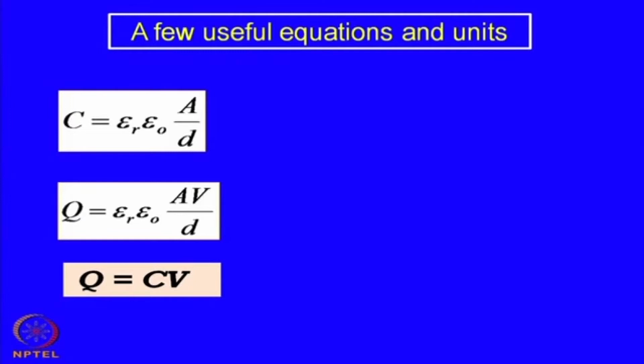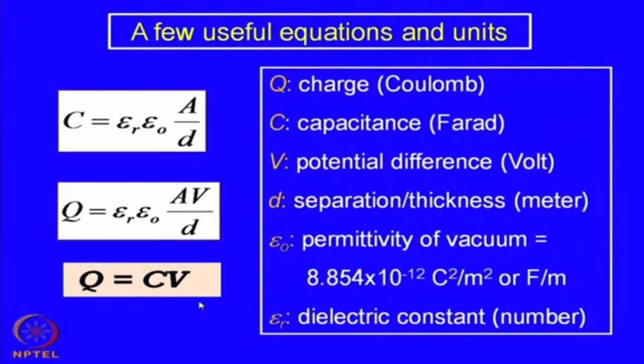A by d is the geometric factor of the capacitance, and Q, the charge accumulation, is epsilon r epsilon naught A V by d, because basically Q equals C V. So, this part is C and this part is C V, and once again the same equation has been written here. Now, the units: the unit of charge is coulomb, and capacitance is farad.